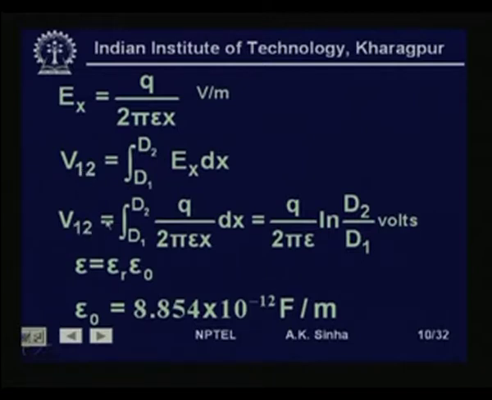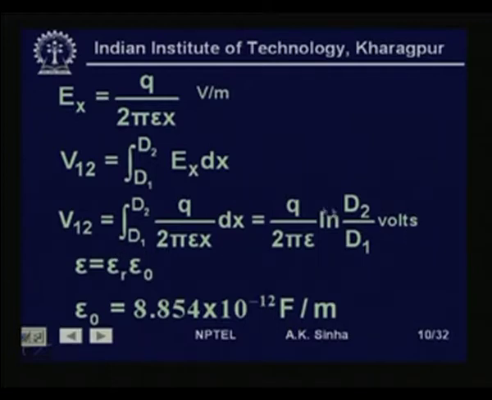So, V12 is equal to the integral from d1 to d2 of q by 2 pi epsilon x dx. This is equal to q by 2 pi epsilon ln d2 by d1 volts.